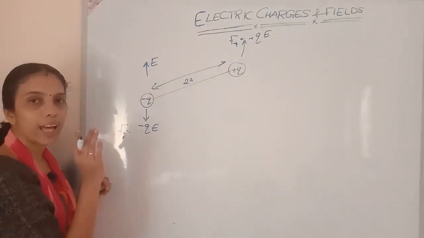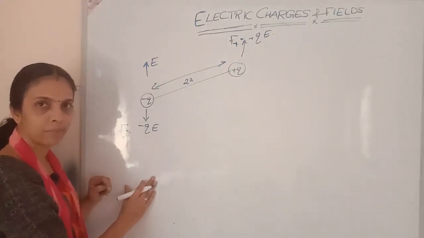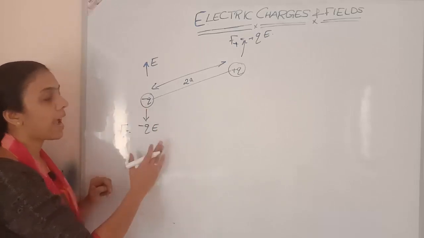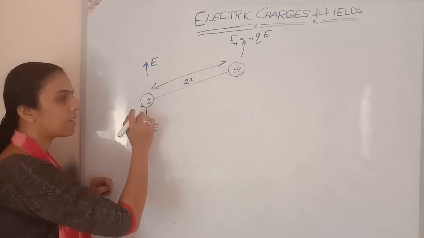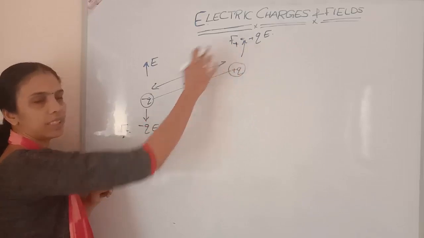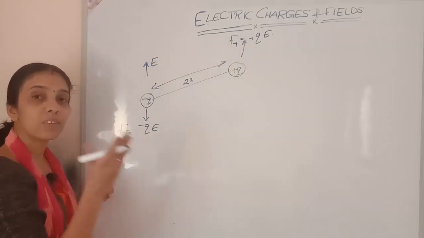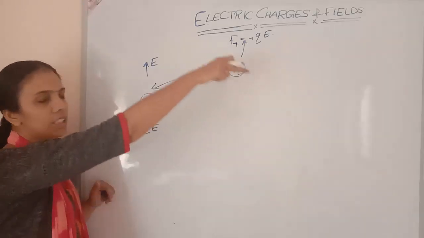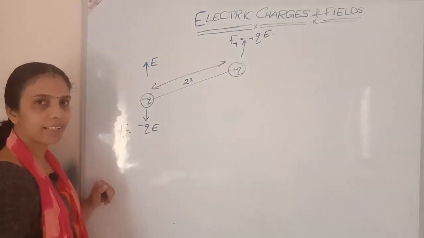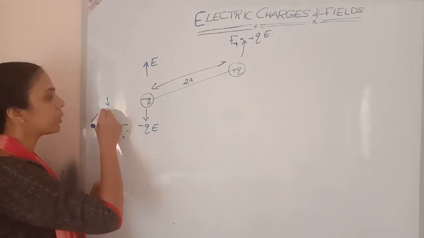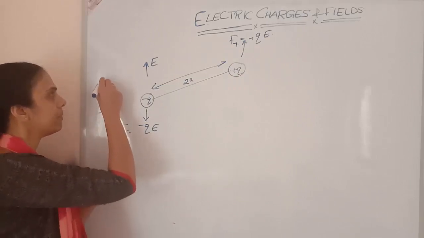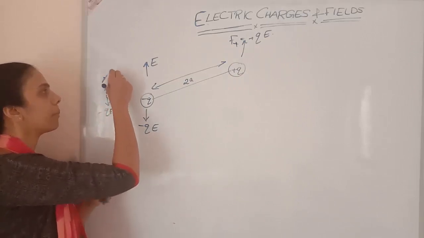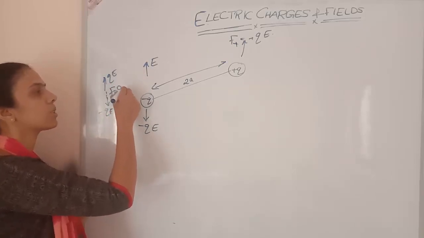Two equal and opposite forces, but their lines of action are different. One is over here and the other is over here. Because of this difference in line of action, a rotational effect will happen. If qE and minus qE were acting along the same line of action, the net force would be equal to 0.